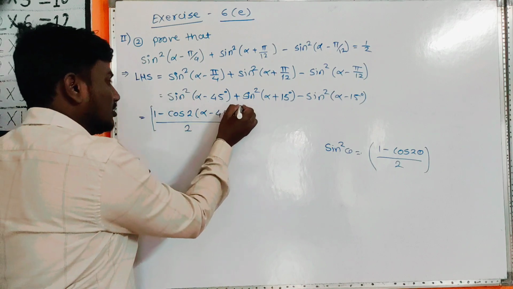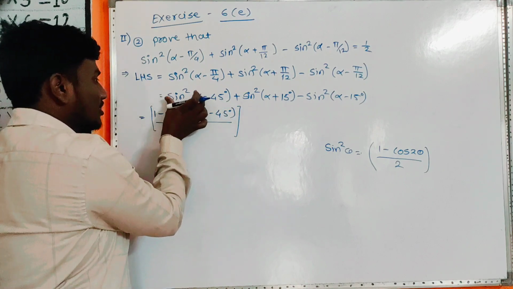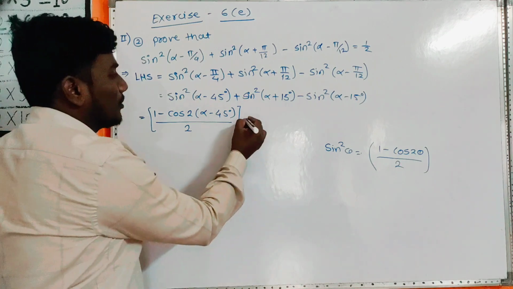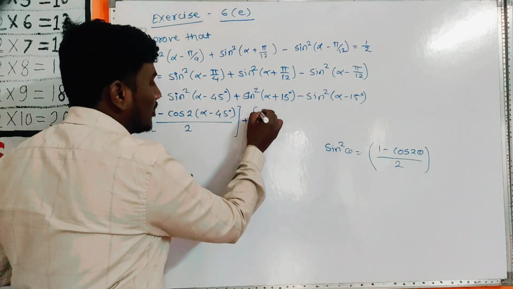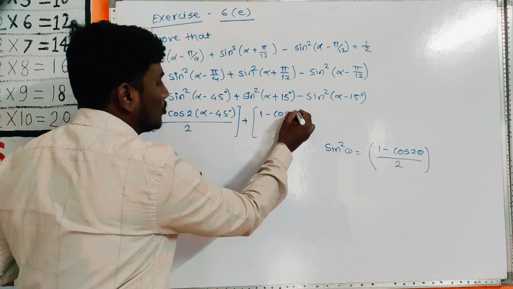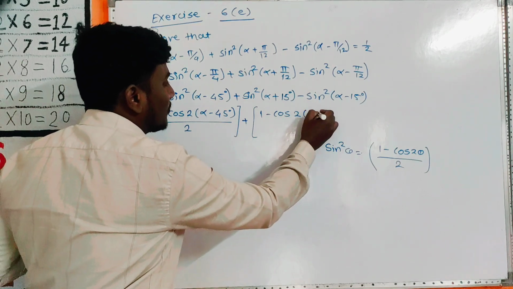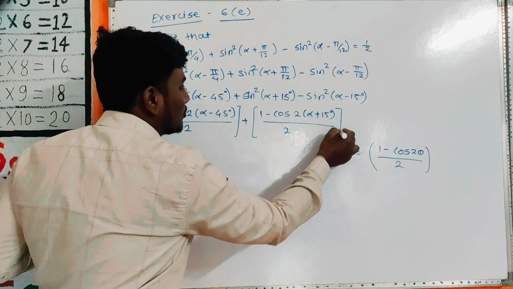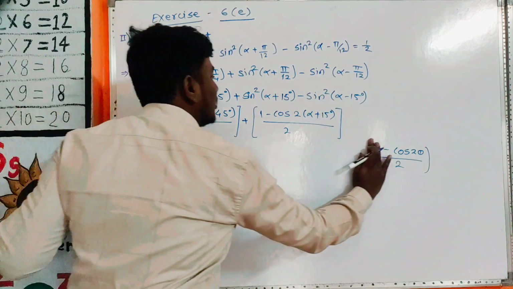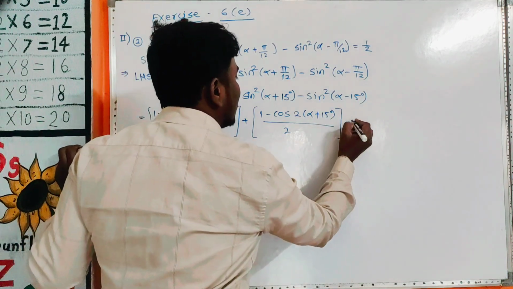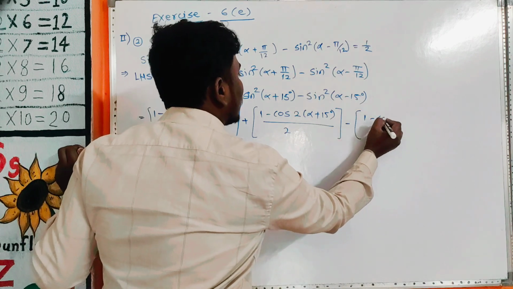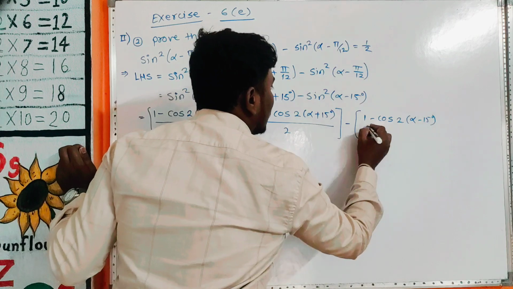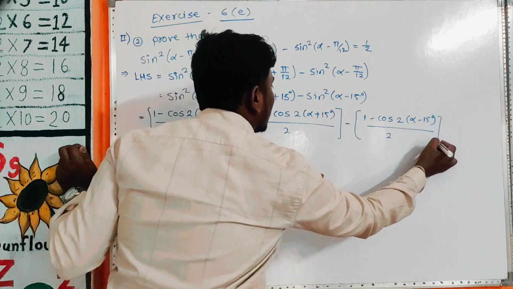This is the first formula for sin² (α − 45). Is it clear? Plus similarly (1 − cos 2(α + 15 degrees)) divided by 2. Similarly, minus (1 − cos 2(α − 15 degrees)) divided by 2. Is it clear?